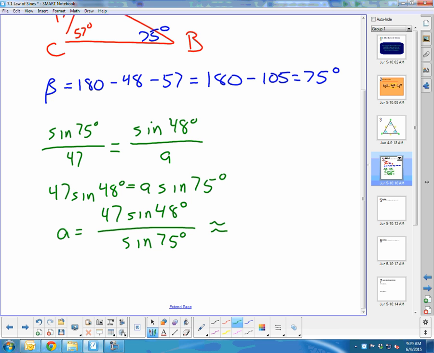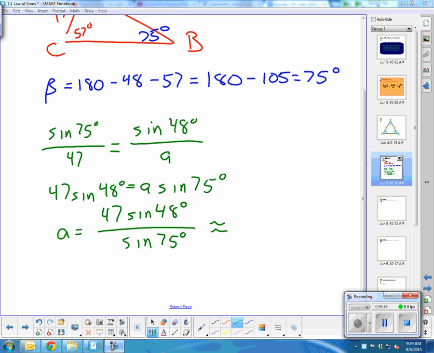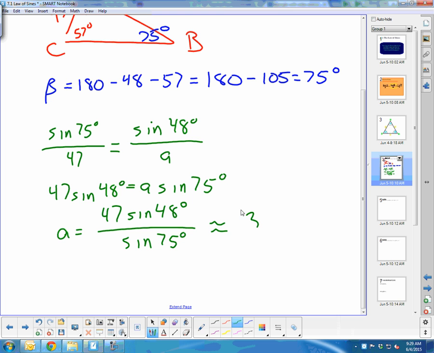And that's just a matter of plugging that into the calculator, and you get a value that is approximately 36. We don't have any units on it, so we're just going to leave it like that.